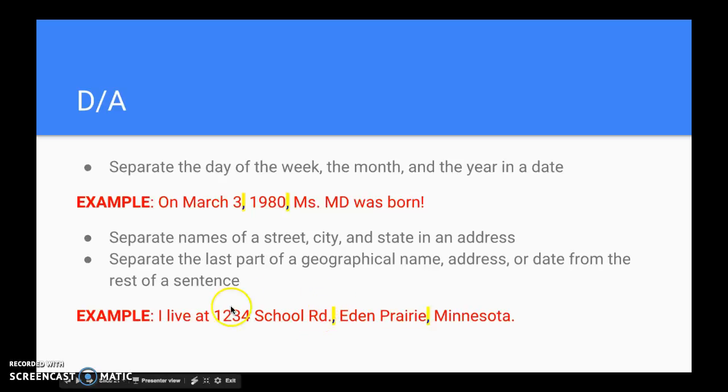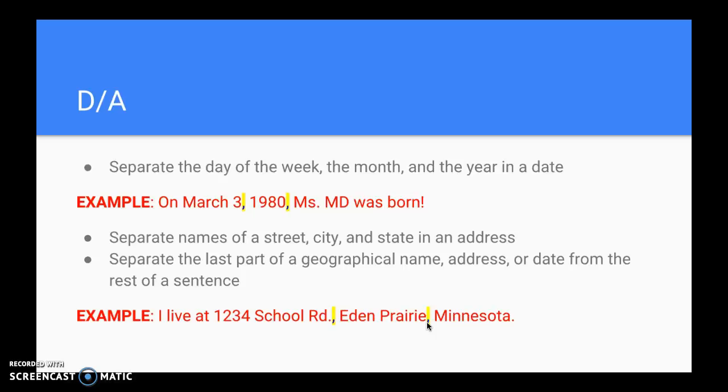Well, here we have the address, and then we have the city. So we need to separate those two things, which many people often forget about as well. And hopefully you know at this point we need to separate a city and a state. So to separate the address, we put a comma after road, or the abbreviation for road. And to separate Eden Prairie, we put a comma after Prairie and go on into Minnesota.